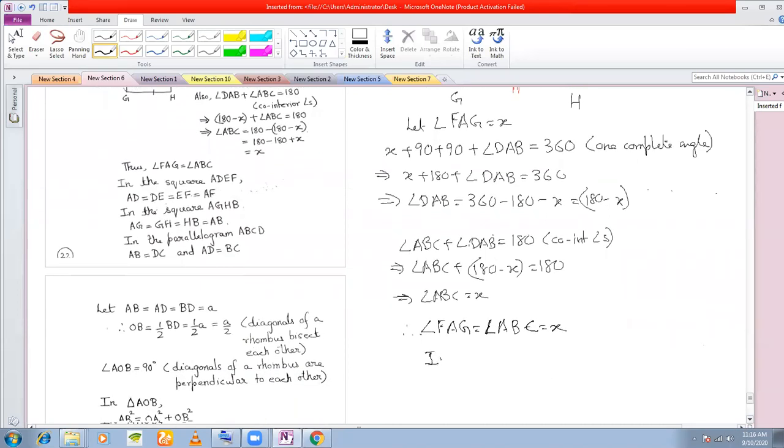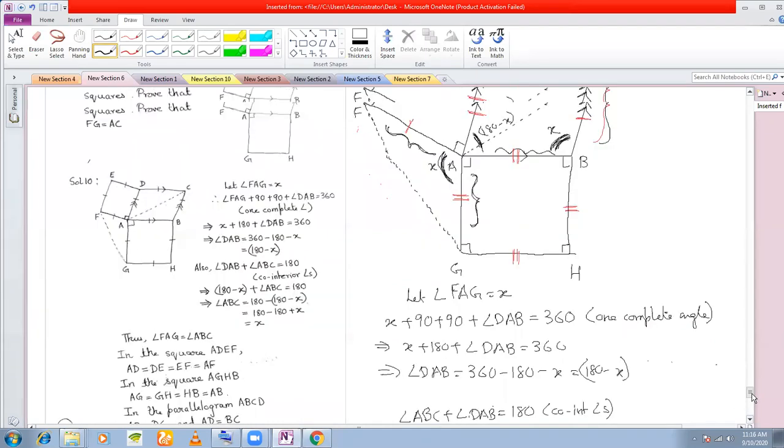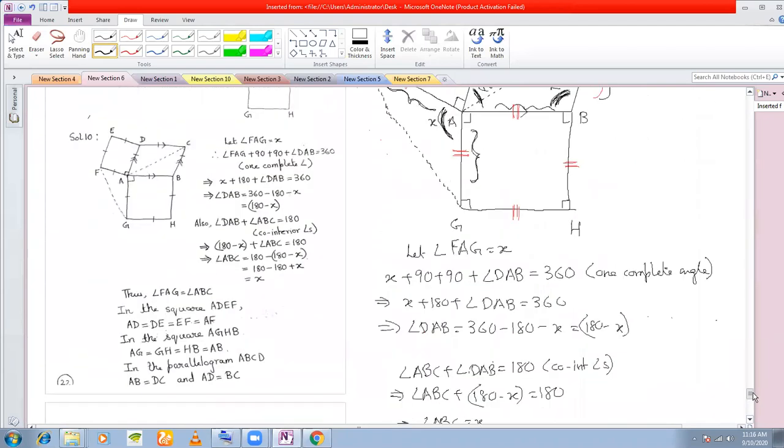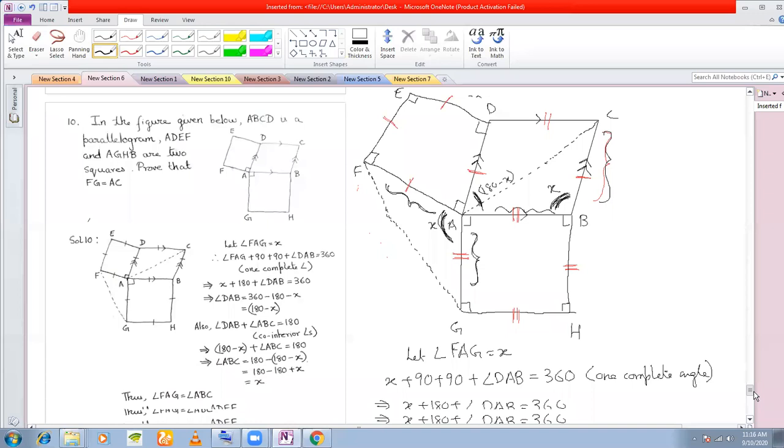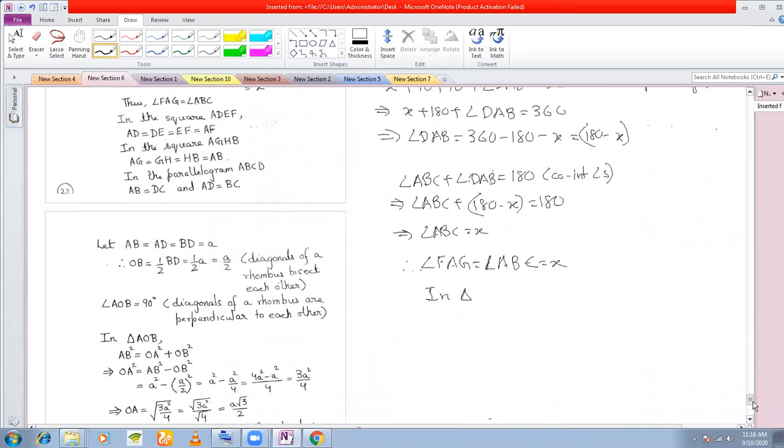In triangle FAG and triangle ABC, angle FAG is equal to angle ABC as shown above. One angle I have proved equal as shown above.